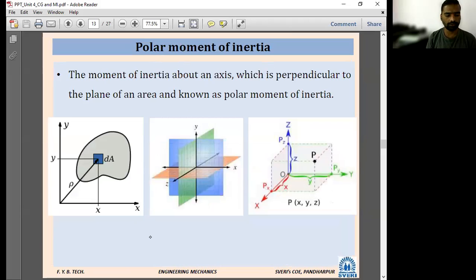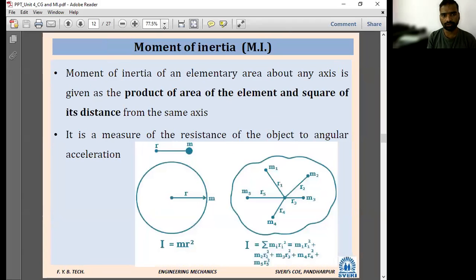Next one more point. Polar moment of inertia. One minute, don't read. Before this, whatever you have written for moment of inertia, one more point you can write.